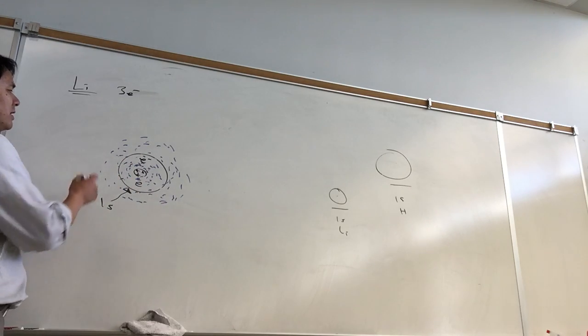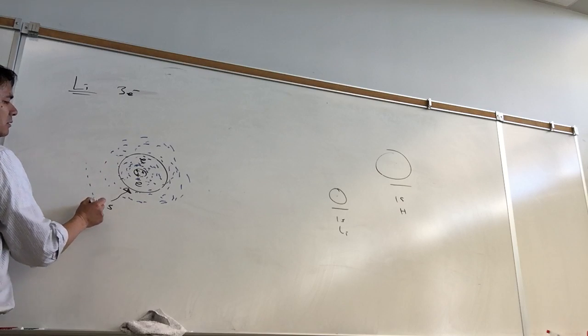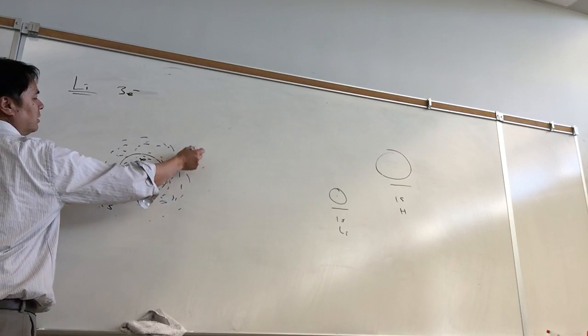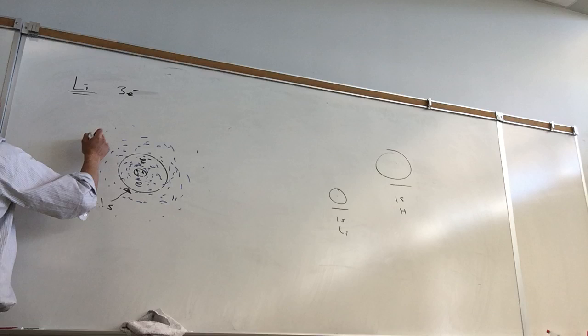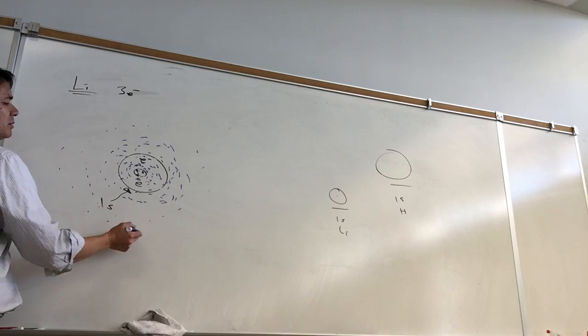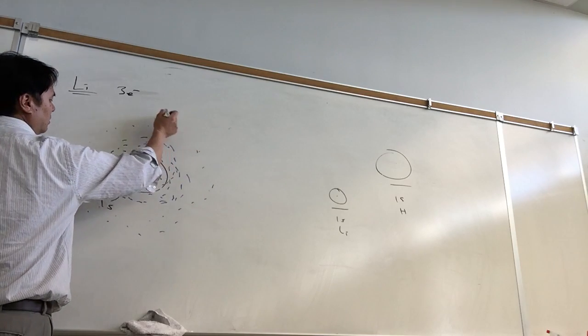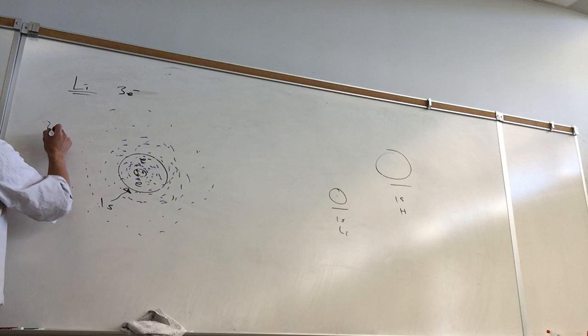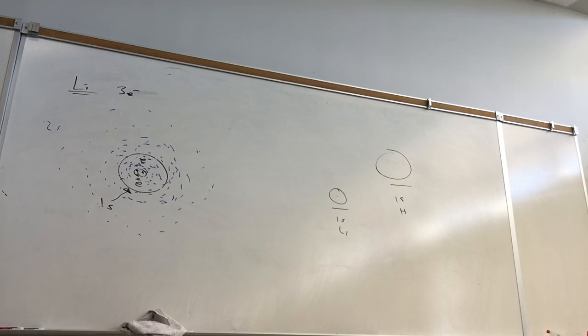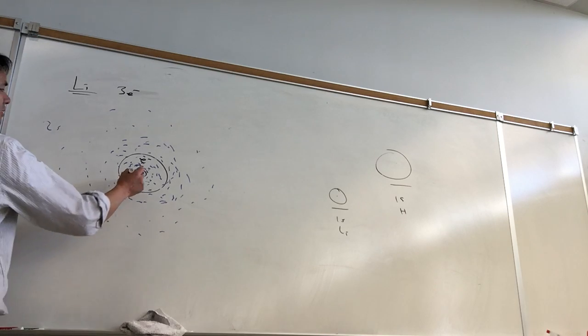A 2s orbital also has a node, right? So there's some kind of node here. A node is a region of 0 probability. You know, 0 amplitude gives 0 probability. And so we got a 2s like this. That's a 2s. Versus a 2p. A 2p electron is going to look like this.